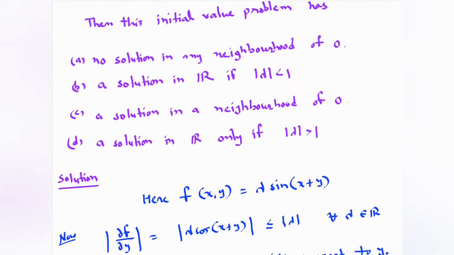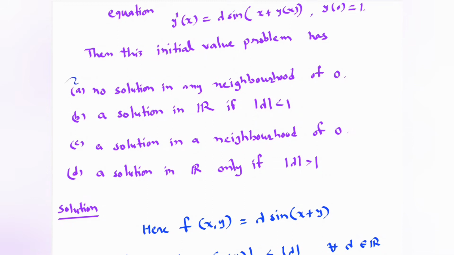Now we will examine the options. No solution is not correct, it has a unique solution. A solution in R if mod lambda less than 1: indeed, this problem has a solution in R for all values of lambda, so it is a correct option. A solution in a neighborhood is also correct.